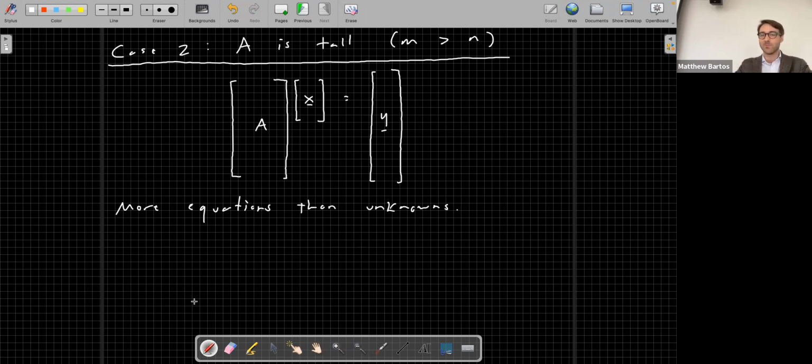So what happens when there are more equations than unknowns? First of all, does a solution to this system of equations exist? Is there a unique solution to the system of equations? I'll put a little question mark here. It turns out that no solution exists. No solution exists that can satisfy all of these equations simultaneously.